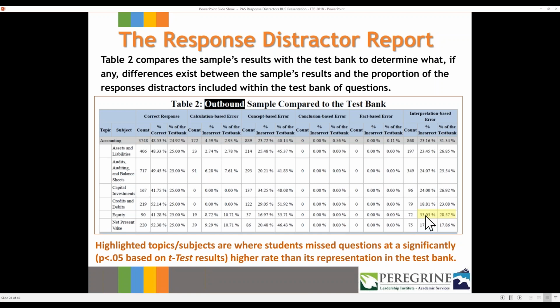Three of these response distractors are more related to critical thinking and analytical thinking: the concept-based error, conclusion-based error, and interpretation-based error. So that's an example of how you can get at students' critical thinking indirectly in these business topics and subject areas.